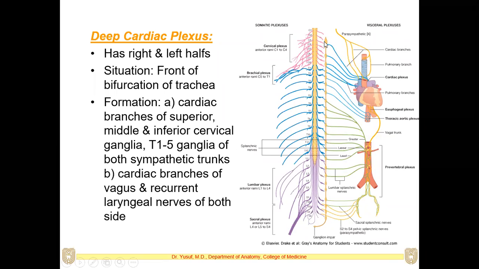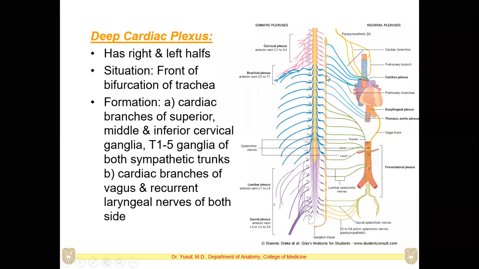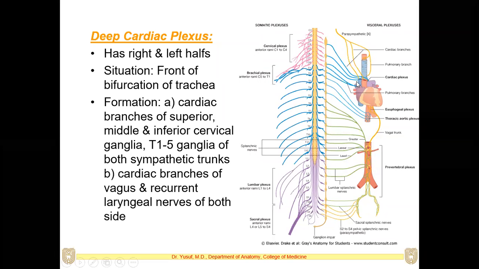So the branches from the superior, middle, and inferior cervical ganglion, as well as the T1 to T5 ganglion of the sympathetic chain or sympathetic trunk, then the cardiac branches of the vagus nerve, again not shown here, it is shown here. So this is the vagus nerve, as well as a recurrent branch.